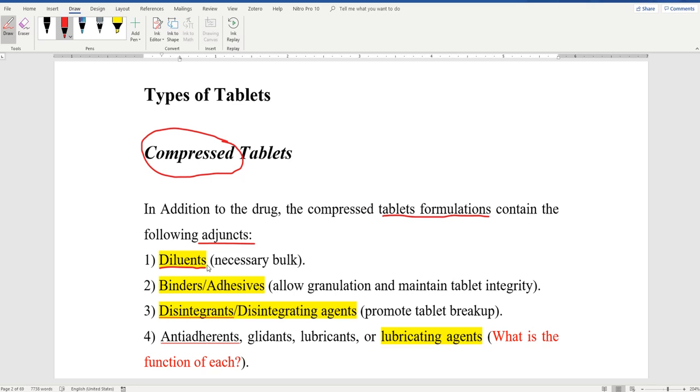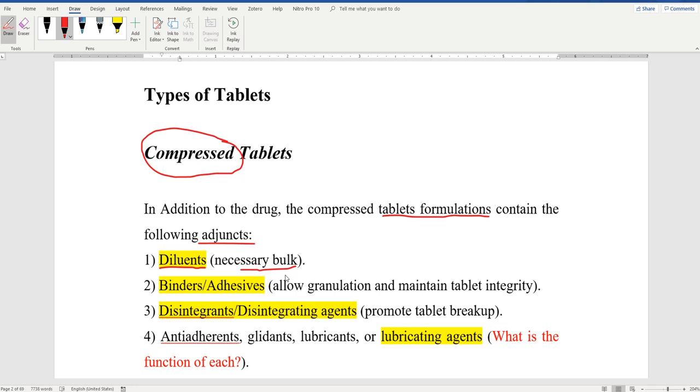Now, remember what we talked about in capsule. The most common reason for adding diluent is to increase the bulk, or let's say to increase the quantity that we deal with in the machine. The machine needs to compress the tablet.